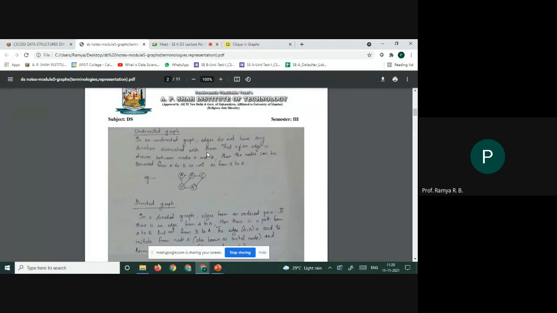And in undirected graphs, you do not have any direction associated with the edges. That means if you are drawing an edge between A and B in an undirected graph, there will not be any direction annotated on your edge, whether it is from A to B or from B to A.